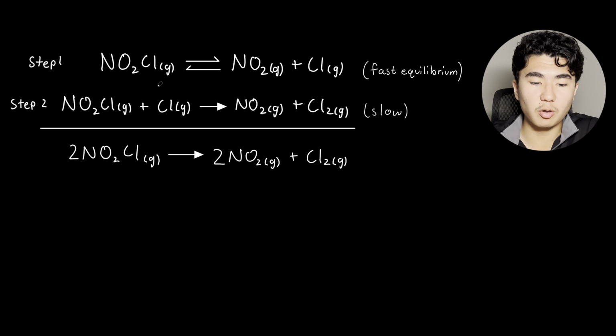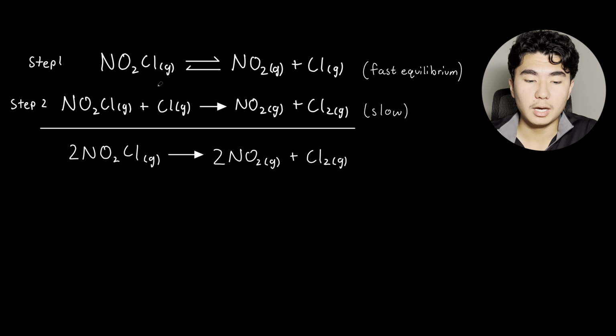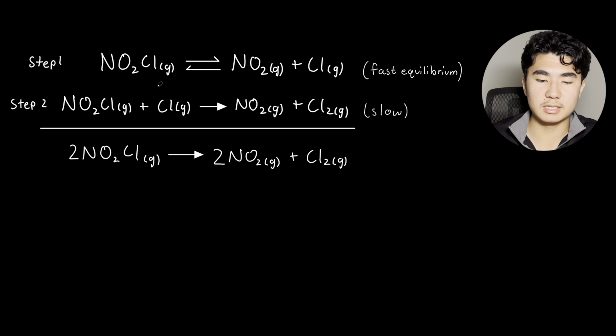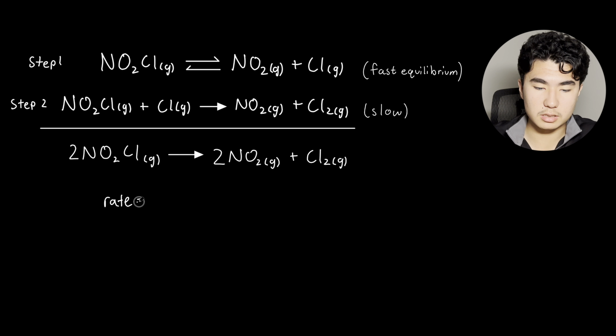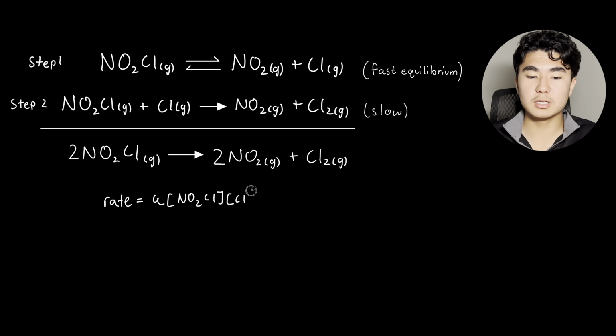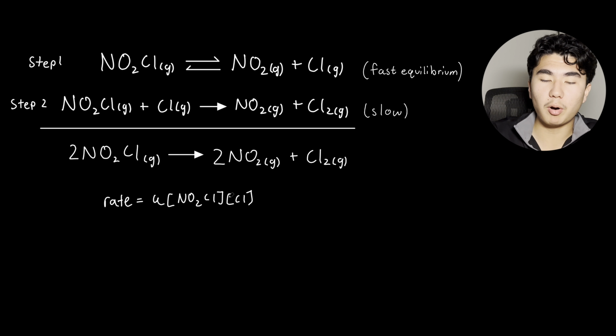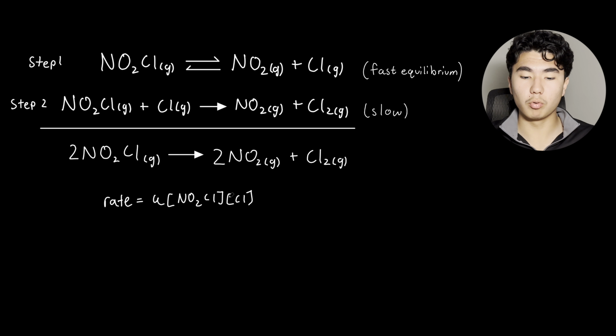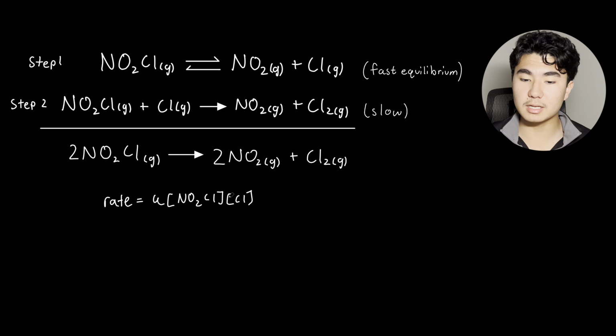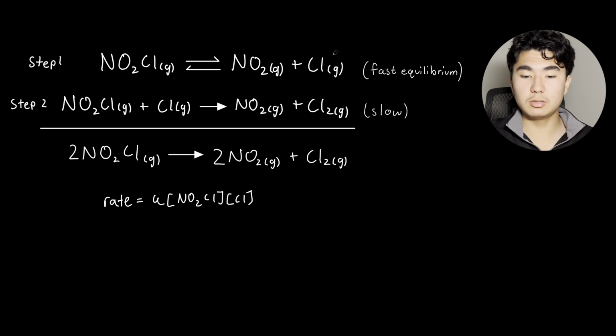We can't just say that our rate equals k [NO2Cl][Cl], because we have an intermediate over here, and that intermediate can't be part of our rate law. Since it is an intermediate, we need to use this knowledge in order to find the rate law.